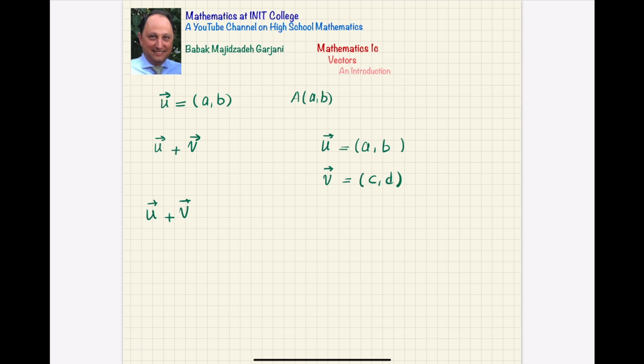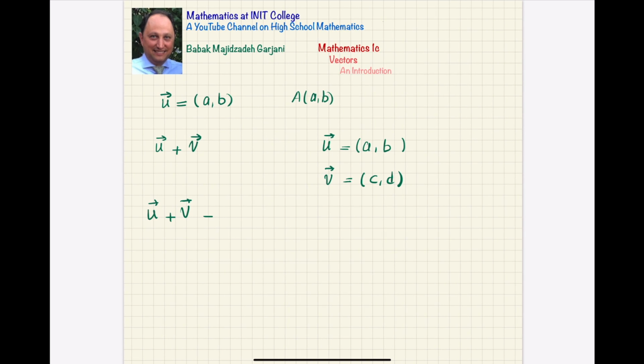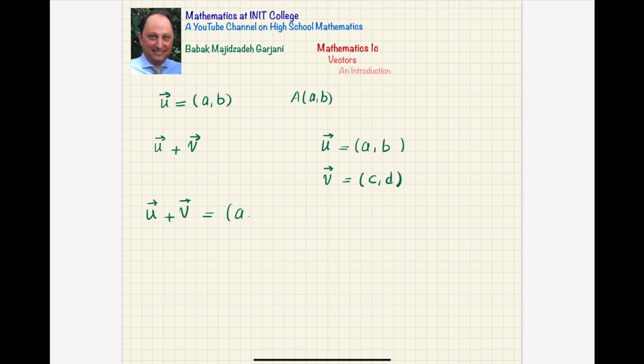Yes? So you see, the algebra is extremely simple now. Instead of drawing pictures, I just add numbers, as simple as that. So I can do all the calculations for vectors using very simple algebra. So u plus v becomes a plus c and b plus d. Yes? So it means that I add these component-wise, this component with its corresponding component, this component with this one.